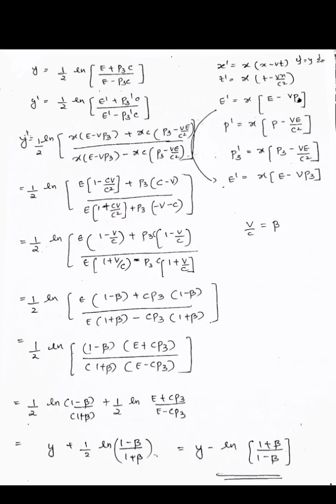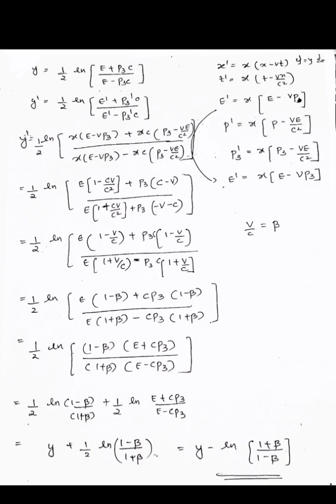Substituting these values in y dash, we get y dash is equal to half into ln over gamma into E minus Vp3 plus gamma c into P3 minus VE by C square divided by gamma into E minus Vp3 minus gamma c into P3 minus VE by C square.